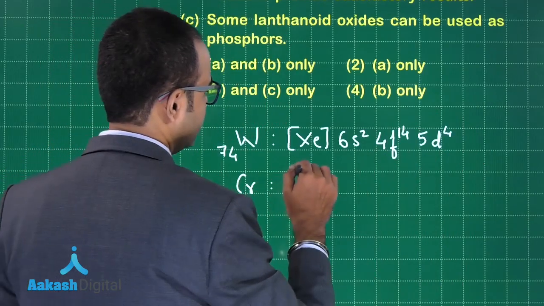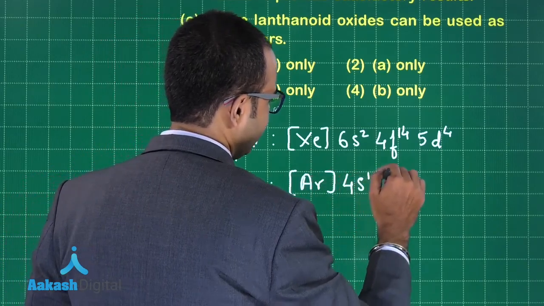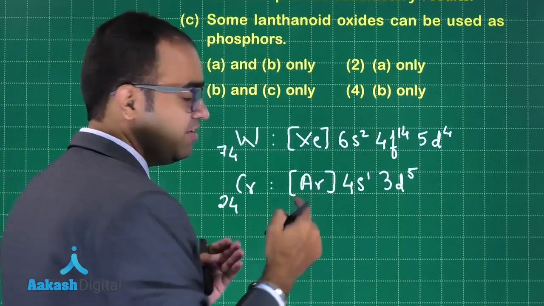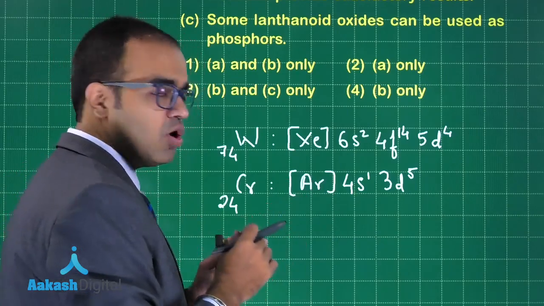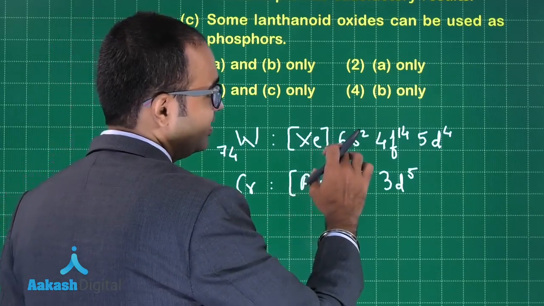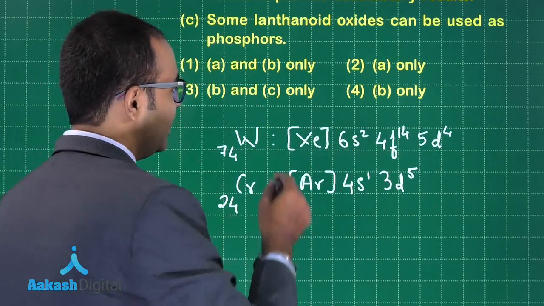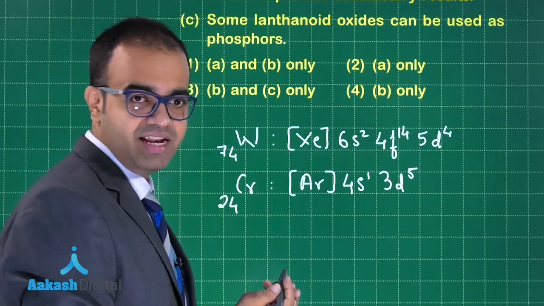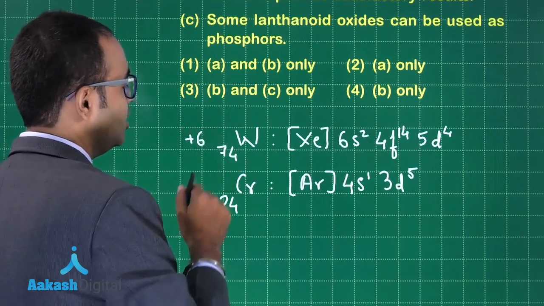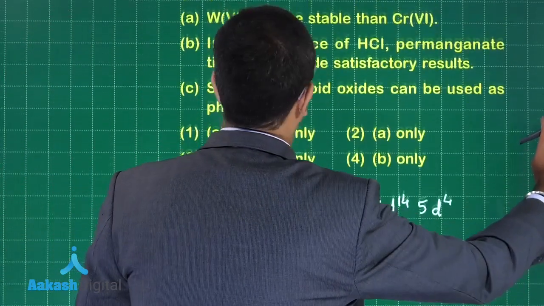Chromium is 24, so here it is [Ar] 3d5 4s1. Now the electrons of 4s and 3d are held very strongly compared to the electrons of 6s and 5d, which belong to tungsten. That's why it is easier for tungsten to lose those 6 electrons and have an oxidation state of +6. So the first statement given to us is correct.